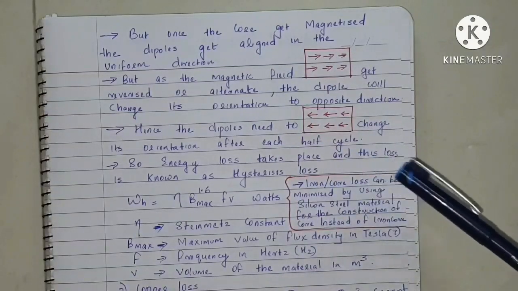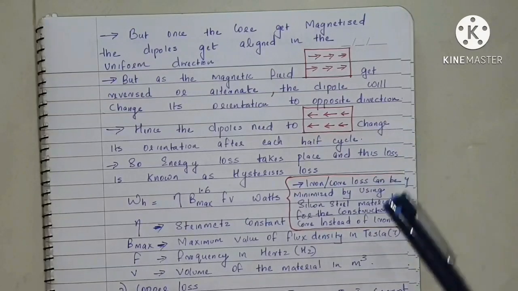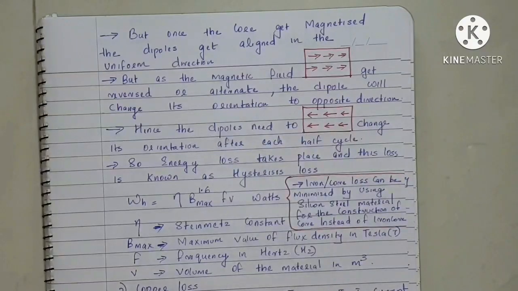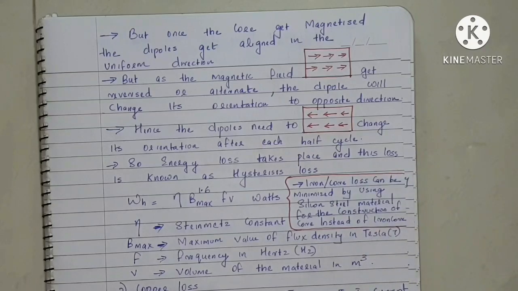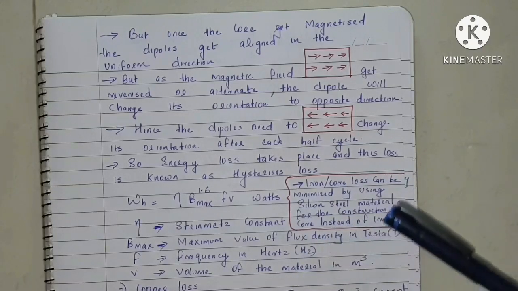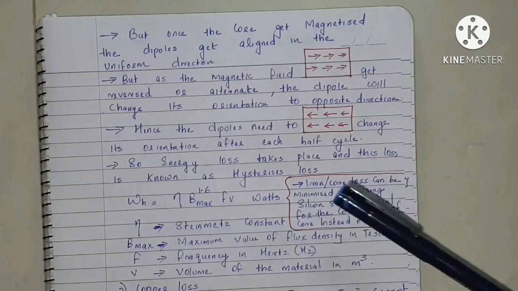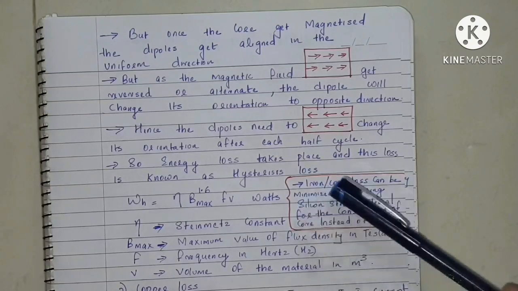But as the magnetic field gets reversed or alternated, the dipoles change their orientation to the opposite direction. Hence, the dipoles need to change their orientation after each half cycle. So energy loss takes place due to magnetization and demagnetization, and this loss is known as hysteresis loss.